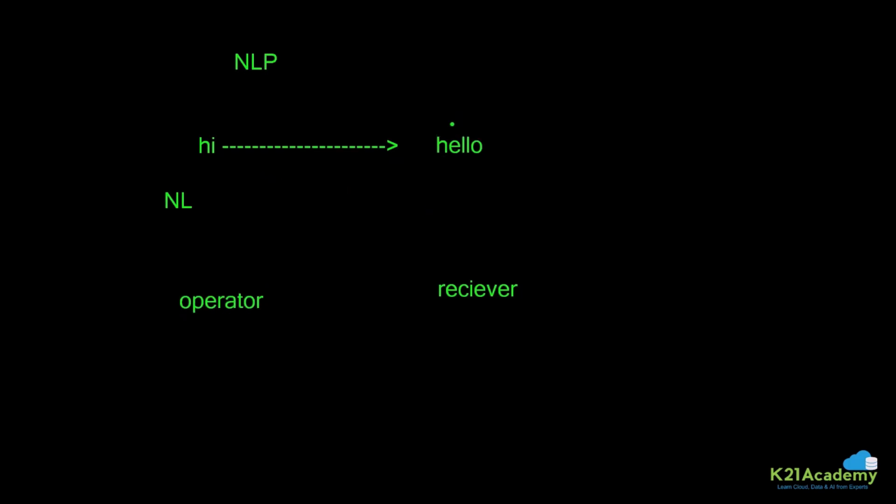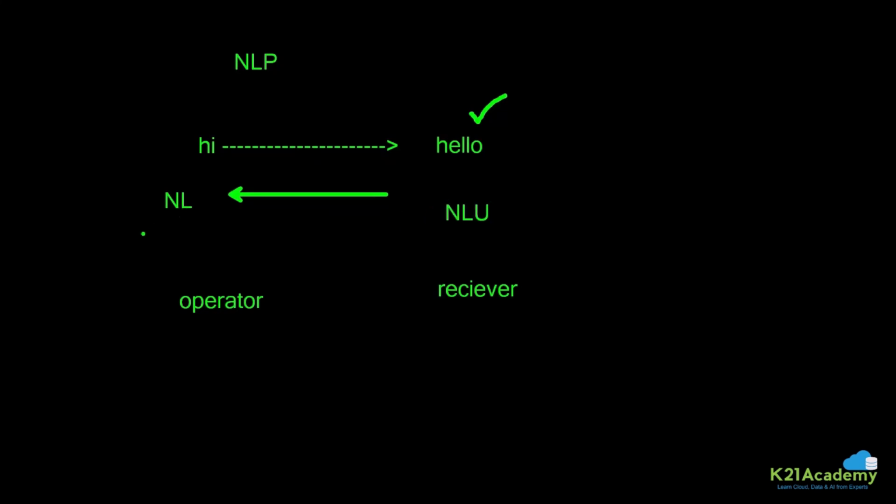So the moment you say something, the person is able to respond back to you because he is able to understand your language. So this process wherein the person returns a response to the operator happens when the person is able to understand the language.